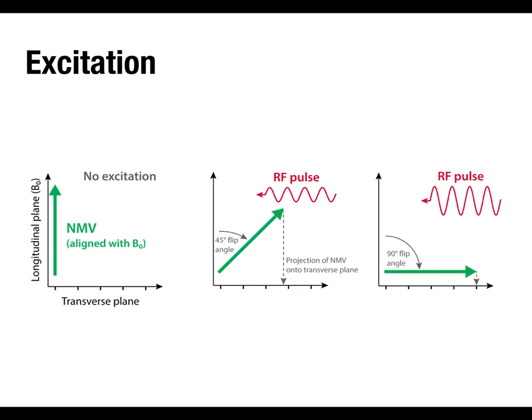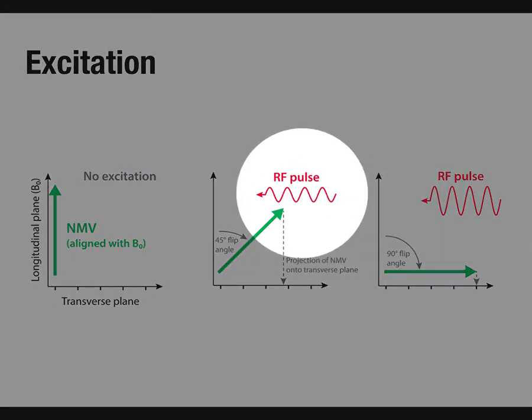The amount that the net magnetization vector moves away from its original orientation with B0, we call the flip angle. So the flip angle is a measurement of the amount of energy that's put in, because the more energy you put in, the more you're able to push that vector away from alignment with that strong magnetic field. So you're temporarily overcoming the effects of that strong magnetic field with the RF pulse.